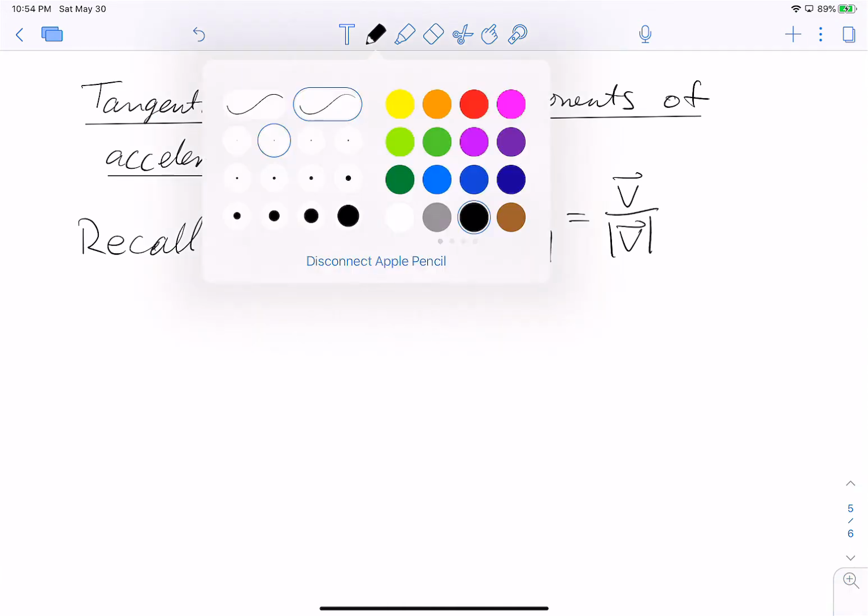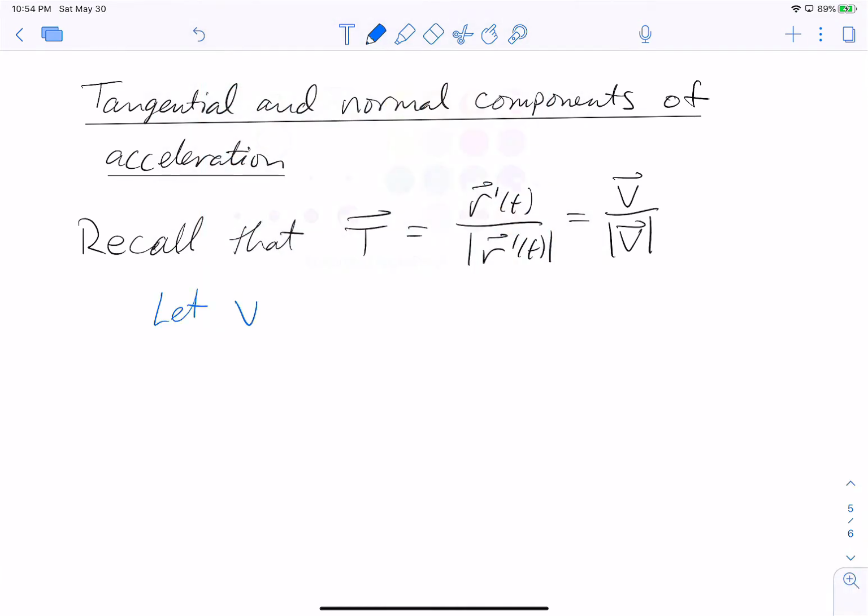If we let a scalar v represent the magnitude of the vector v, then by clearing the fraction of this equation, we can say that the vector v is equal to the scalar v times the unit tangent vector T. Let me move this up here because I just put that in a weird place.